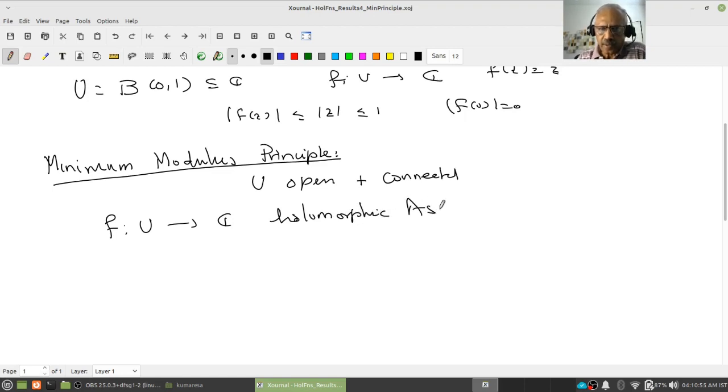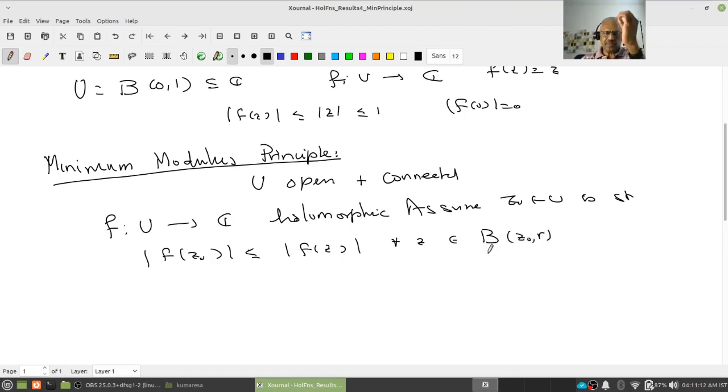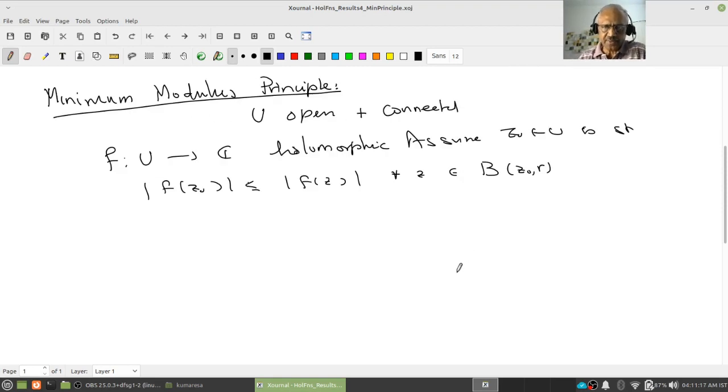Assume z0 in U is such that modulus f(z0) is less than or equal to modulus f(z) for all z in U, or for all z in some ball B(z0, R). So z0 is a local minimum for the function mod f.